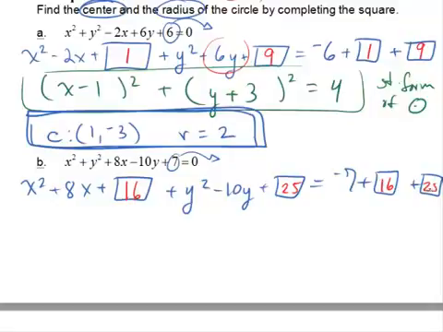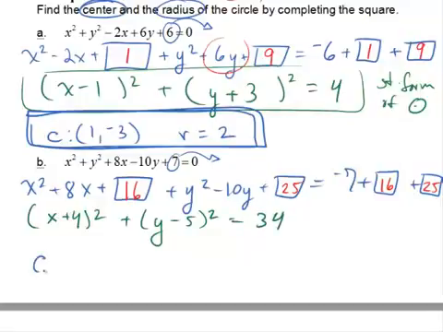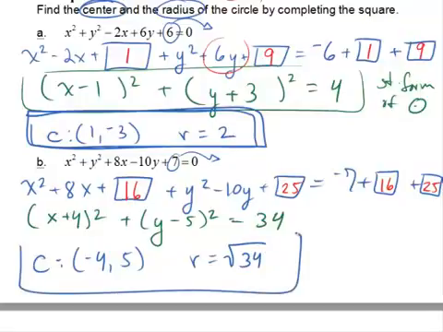So 16 and 25. When we factor these, we get x plus 4 squared plus y minus 5 squared equals 34. So our center will be negative 4, positive 5, and our radius will be square root 34.